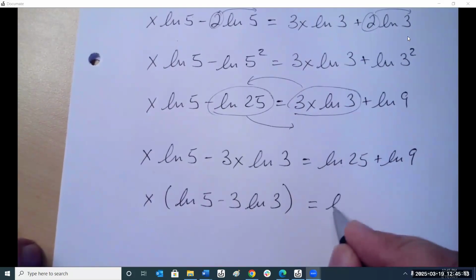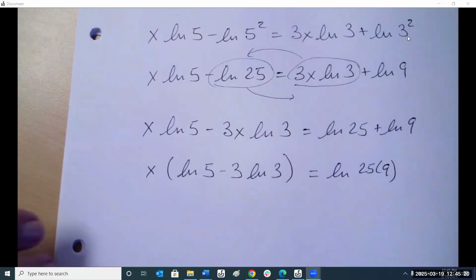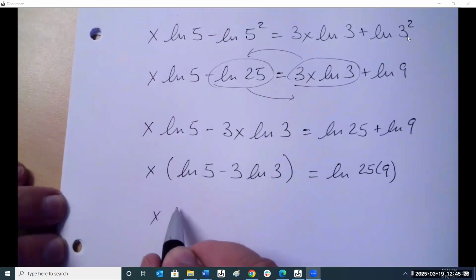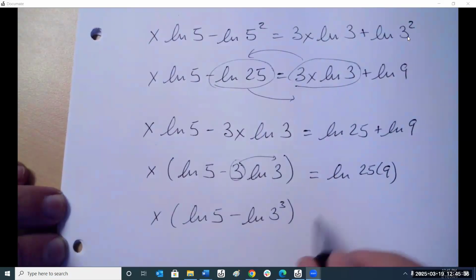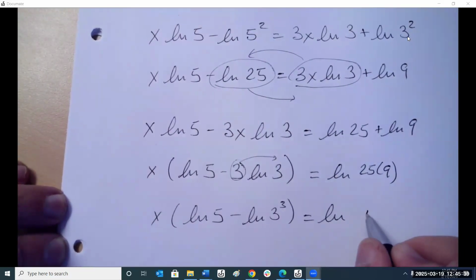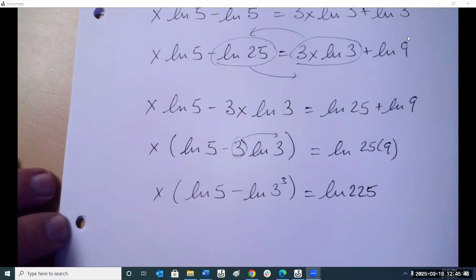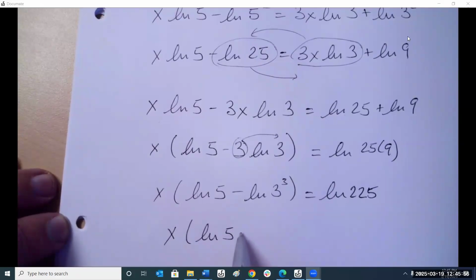These, since they're addition, I could multiply them together. The 3 goes up there. Three cubed is 27.